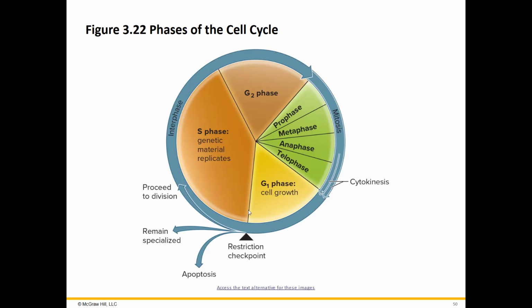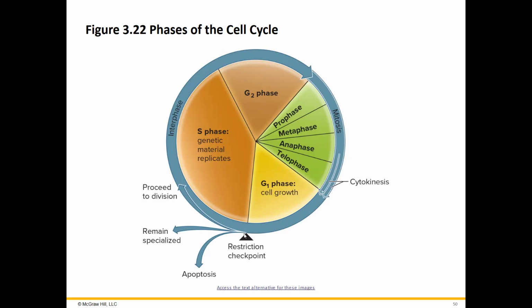At each one of these stops, we have a check to see, hey, did we accomplish it? With cell growth specifically, as we begin building things up, if there's a problem here, that is our restriction checkpoint. If everything looks good, we proceed to division. If we don't need to divide anymore, we just stop and we remain our own specialized cell.